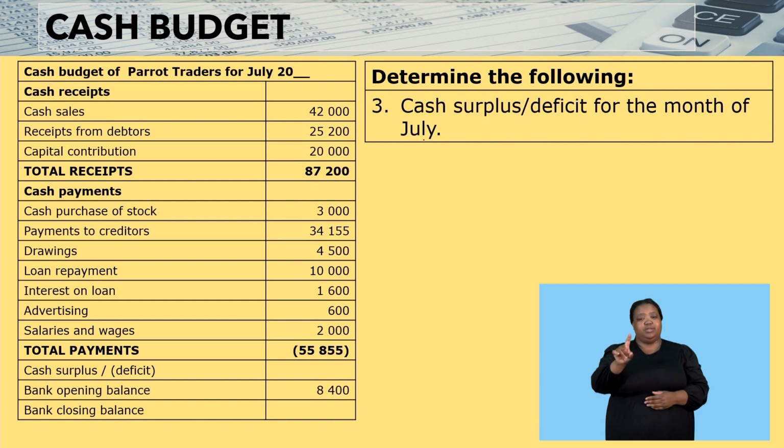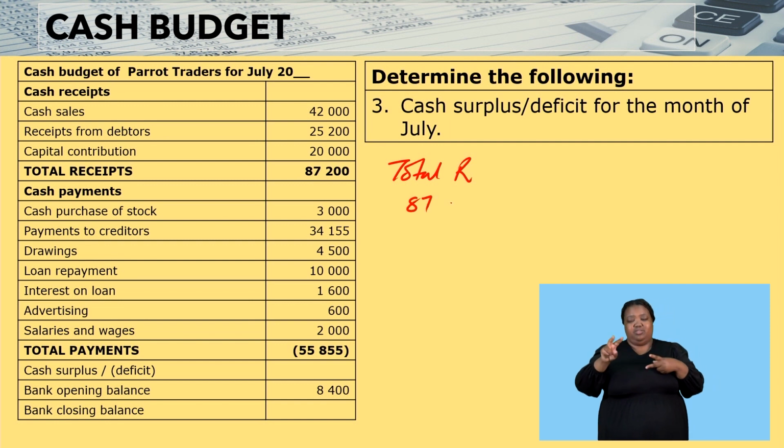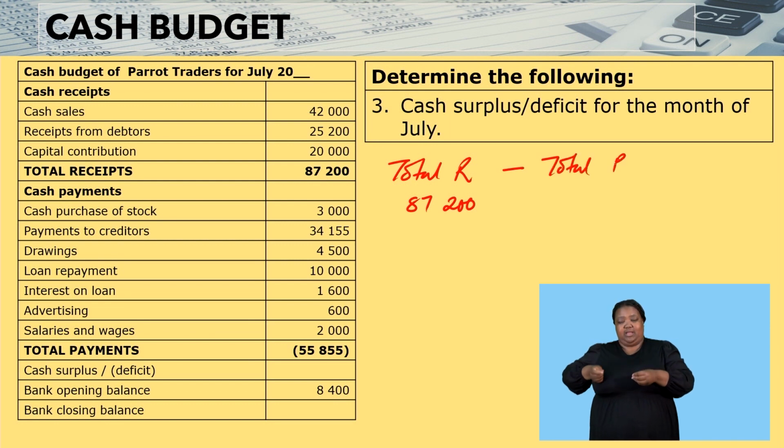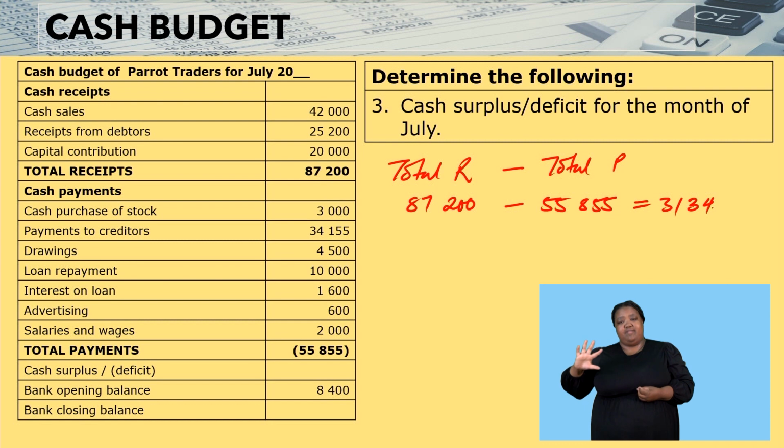Question 3 then says, determine the following: cash surplus or deficit for the month. To get my cash surplus or deficit, I must say total receipts, which is 87,200, minus total payments, which is 55,855. If I punch that in my calculator, I'll get 31,345.